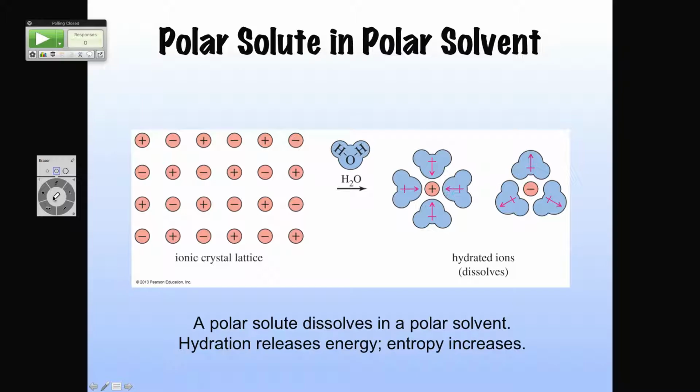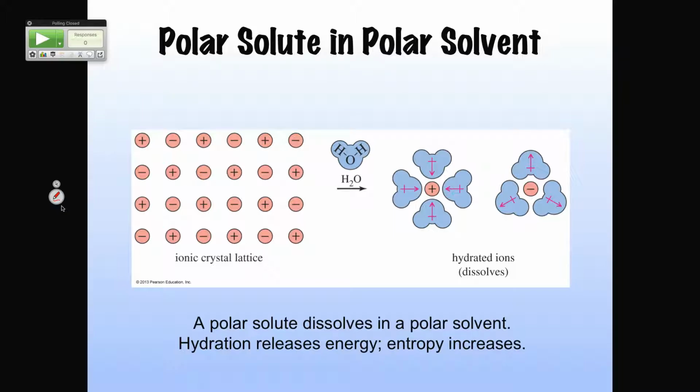Okay, so here is some kind of ion, and here's water, and the water has negative ends and positive ends. The oxygen of the water will be where there's high electron density, and the hydrogens are where there's low electron density.